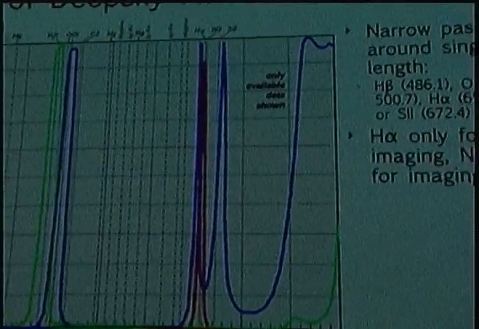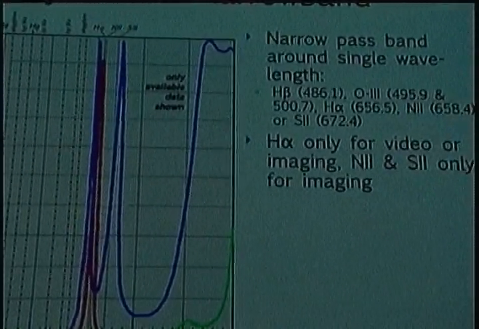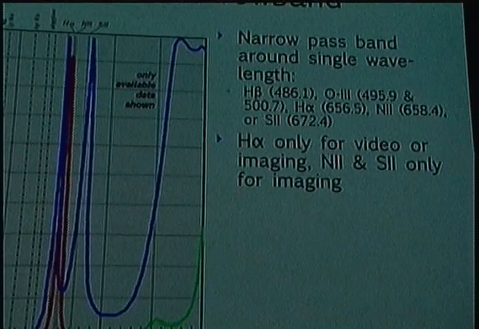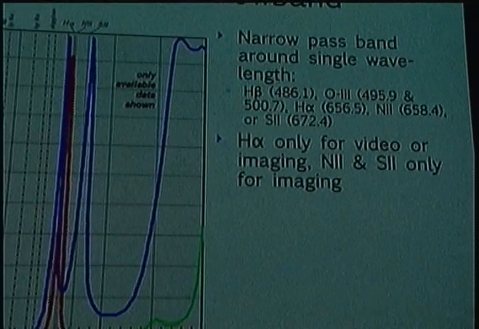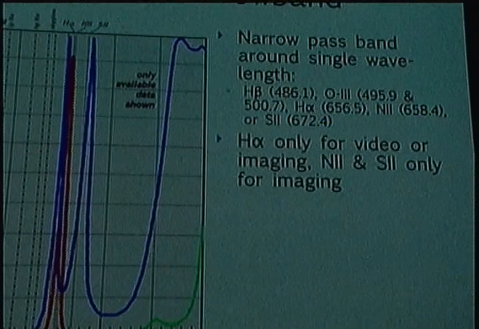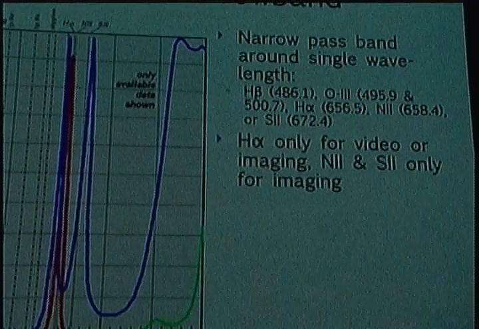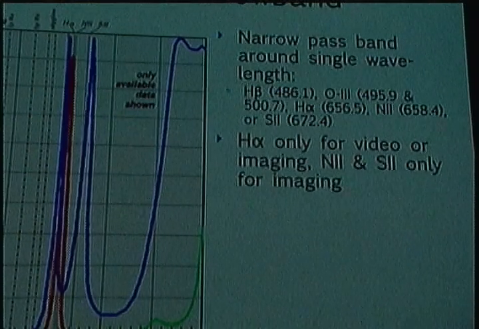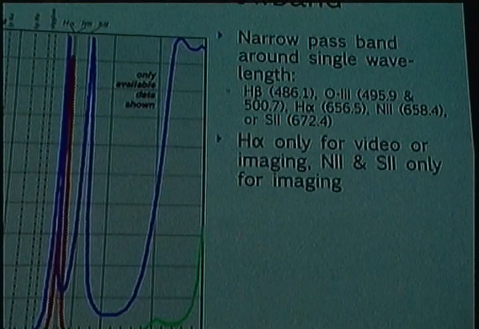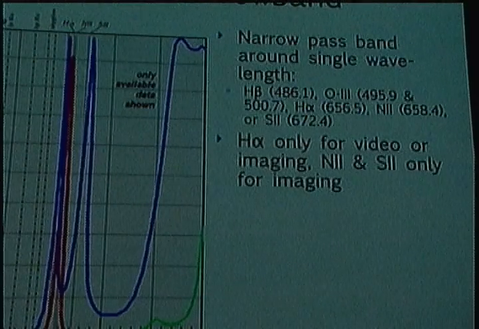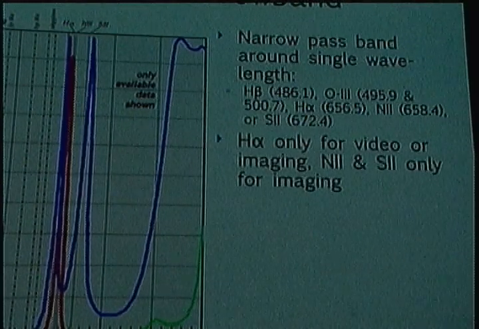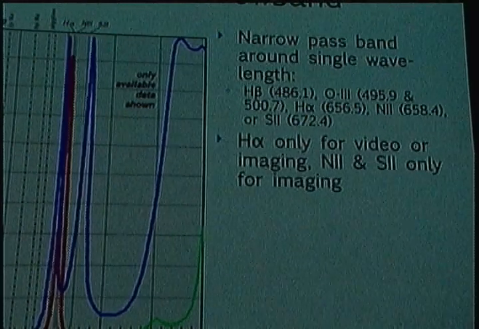Now hydrogen alpha is really only of interest if you're doing video astronomy or imaging, because the human eye can't see that wavelength when the eyes are dark adapted. Nitrogen 2 and sulfur 2 similarly are also of interest, but only to astrophotographers, because the emissions at those wavelengths are so faint that you need to use relatively long exposure times to pick them up.